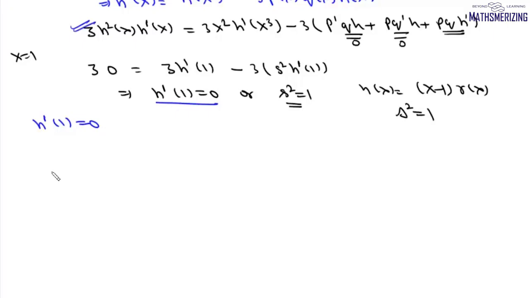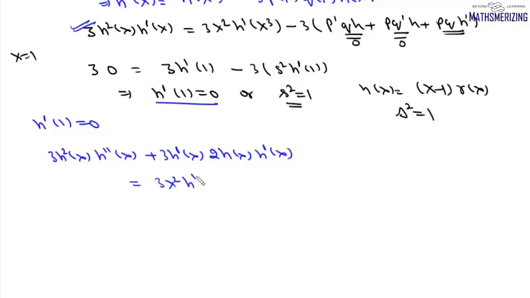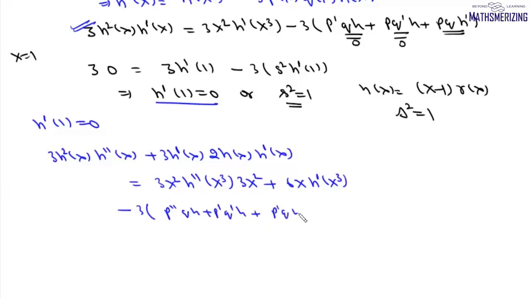We'll differentiate this function again. We'll write 3 H square x into H double dash x plus 3 H dash x into 2 H(x) into H dash x, and it'll be equal to 3x square H double dash x cube into 3x square plus 6x into H dash x cube, and here will be P double dash Q H, P dash Q dash H, P dash Q H dash.